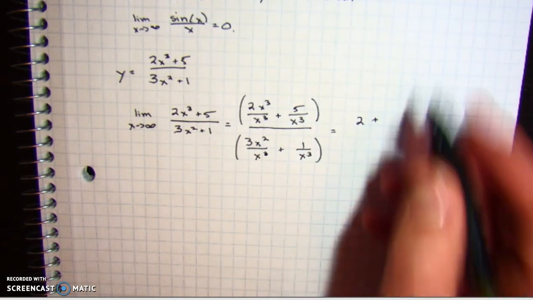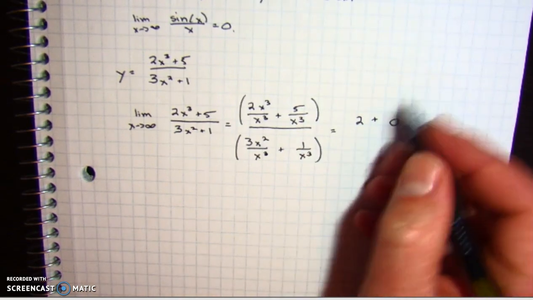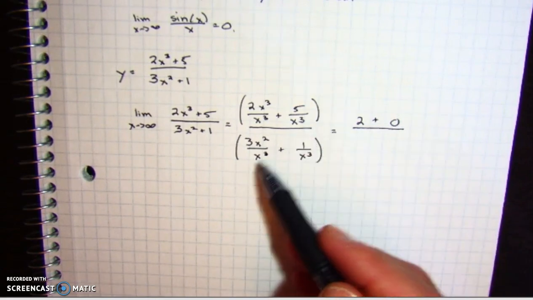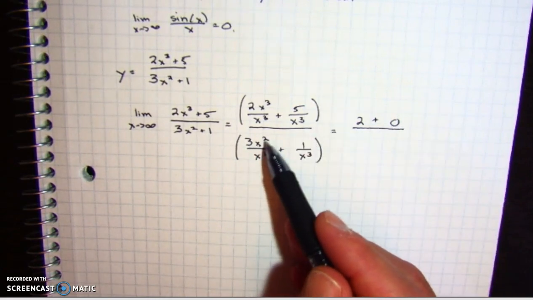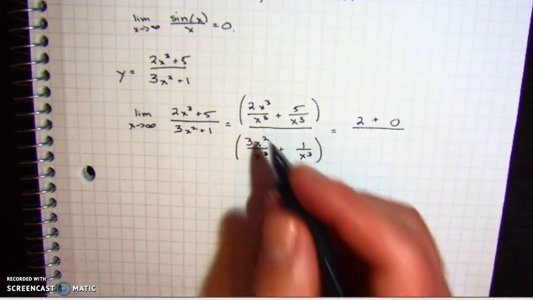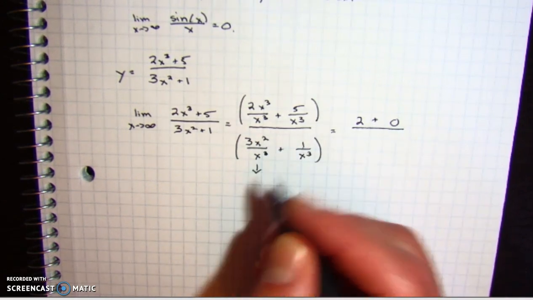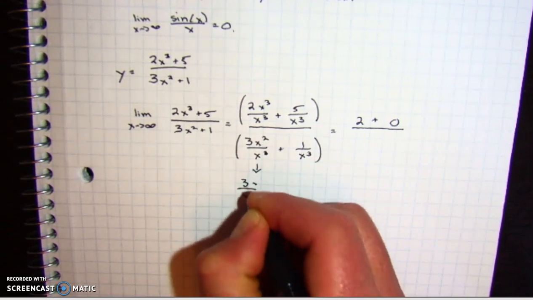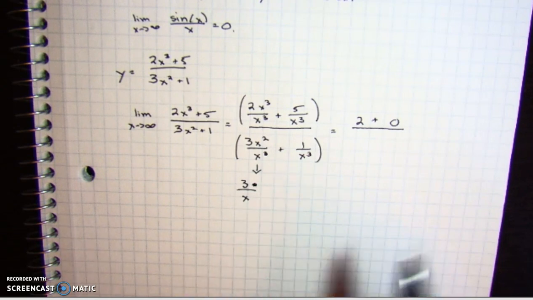So 5 over x cubed we can just call 0. Now down here, I've got 3x squared over x cubed. Let's simplify that a little bit. This gives me just 3 over x.